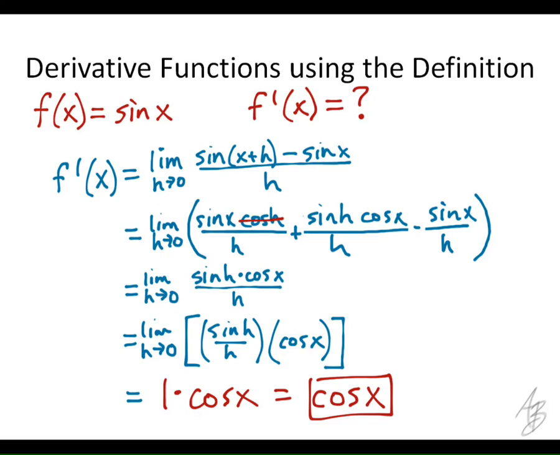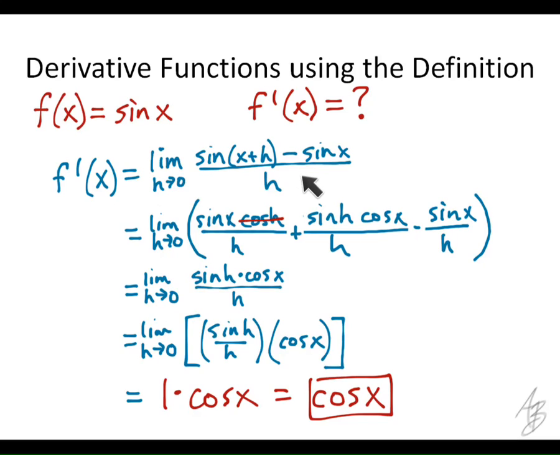Any questions about this? The methods that we're using here, finding the derivative using the definition. Okay, this is actually something that you'll need to know for the AP test, mainly because on the AP test, what they like to do is ask a question that asks you to, for example, evaluate a limit like this.